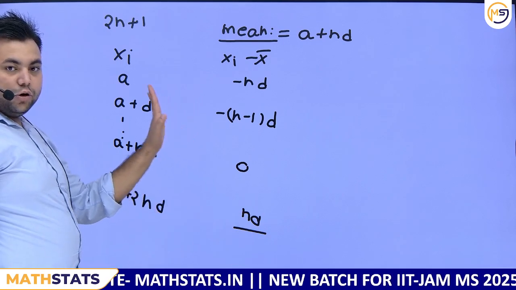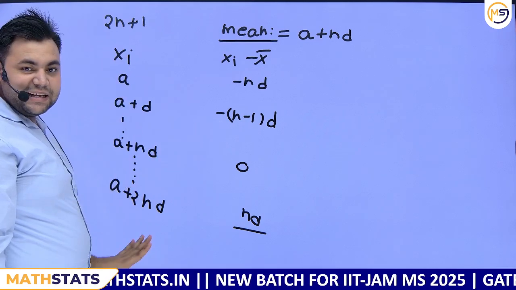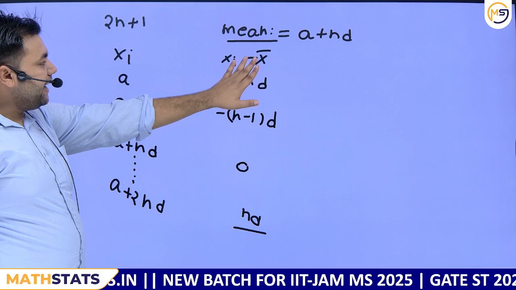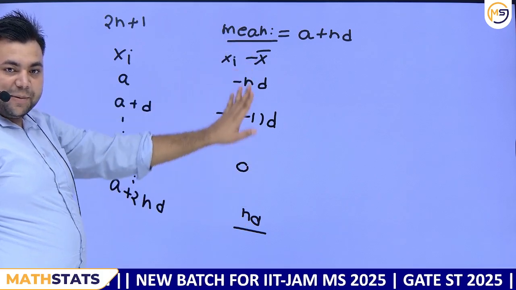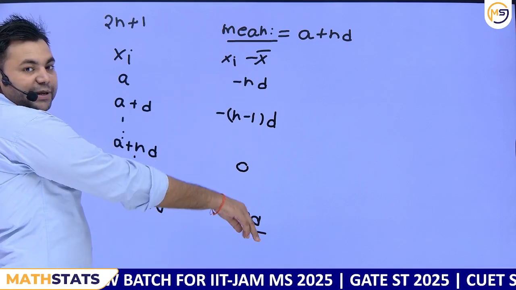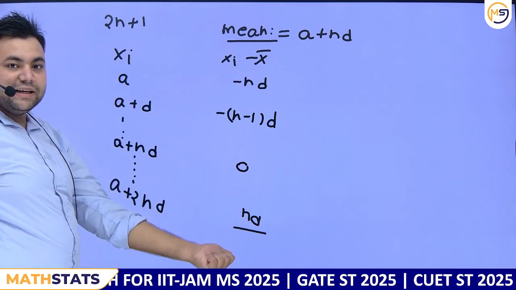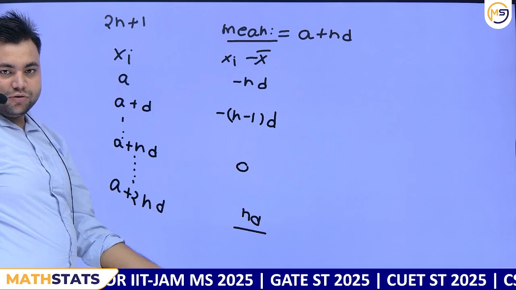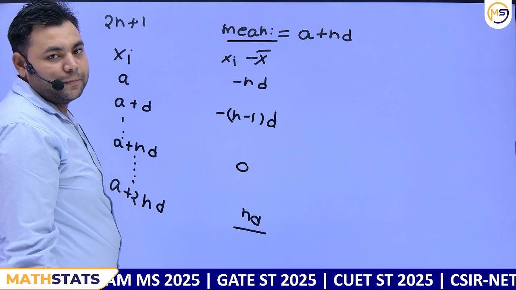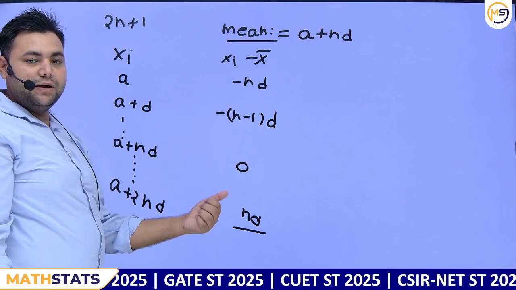Up to here, if anyone has any problem with the series, tell me. First we wrote xi, which was in AP, I found the mean, and with the mean we found the deviation from mean, xi minus x bar. This is the value of deviation from mean, and if you add this quantity, the deviation from mean equals 0, because this is a property of mean.